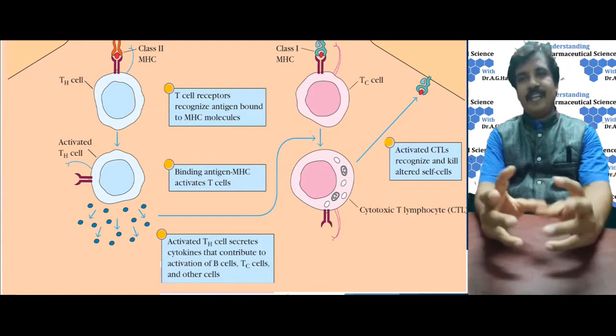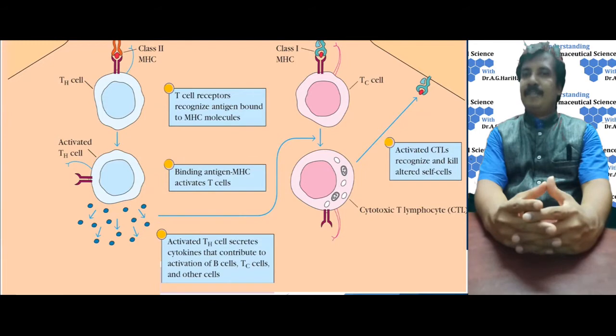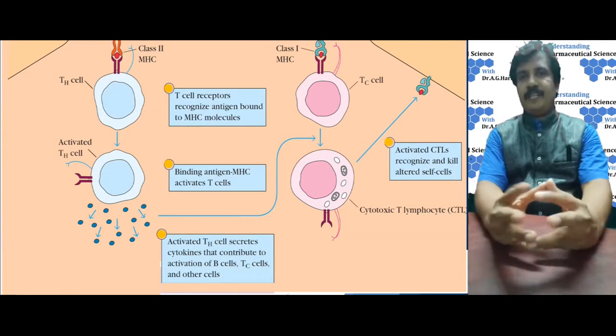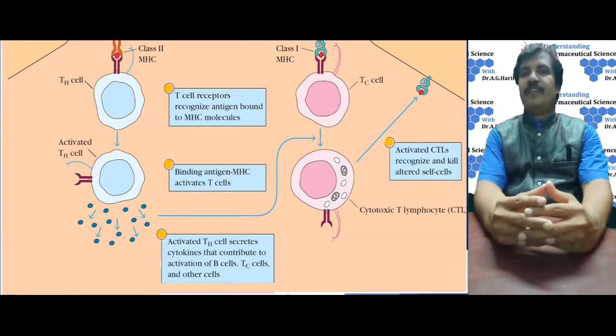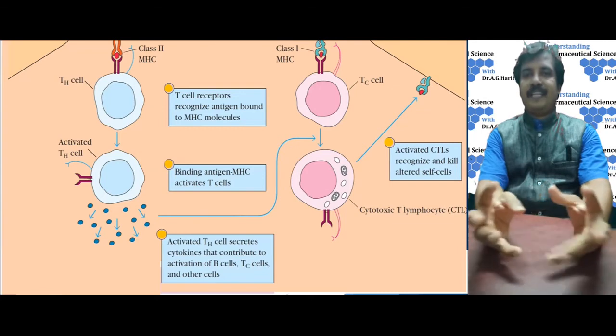What happens is, after antigen processing, presentation can happen in MHC Class I or Class II. First we consider Class II. Once the antigen is processed and presented on MHC Class II, the helper T cells will come and interact with it. The inactive helper T cells get activated by the interaction with this antigen.